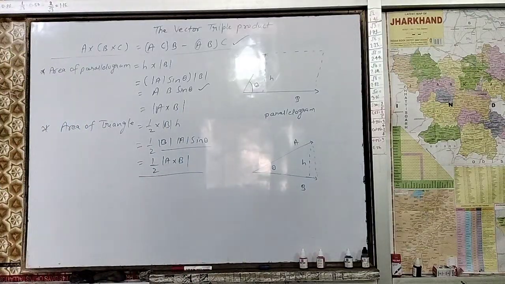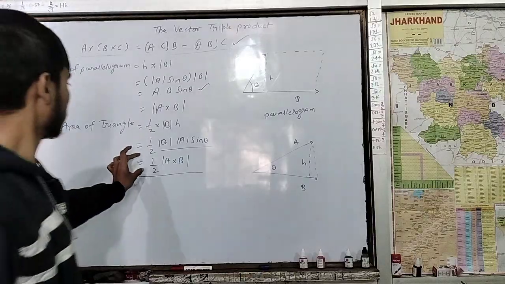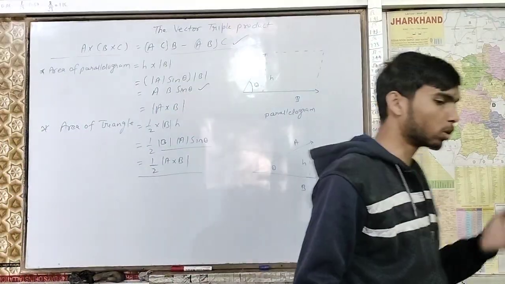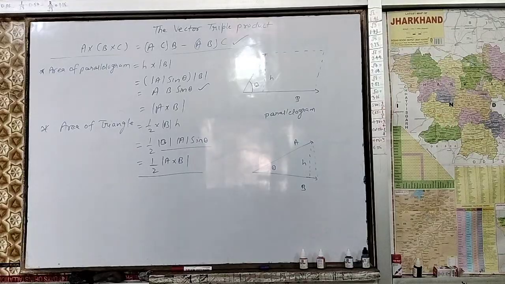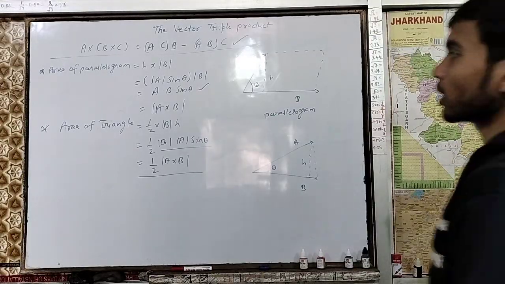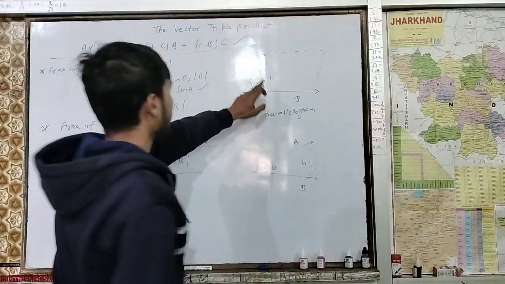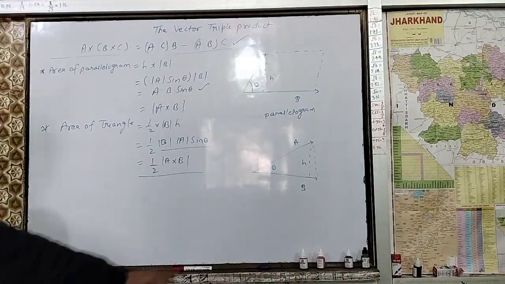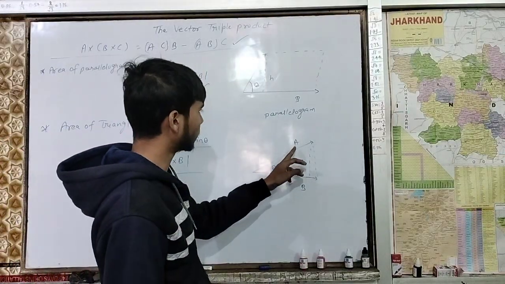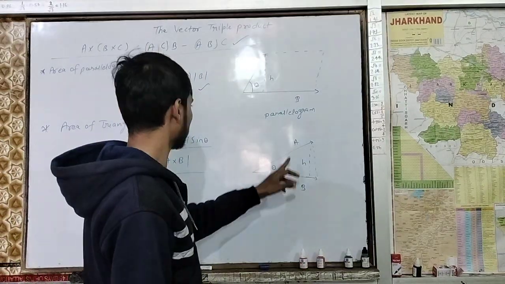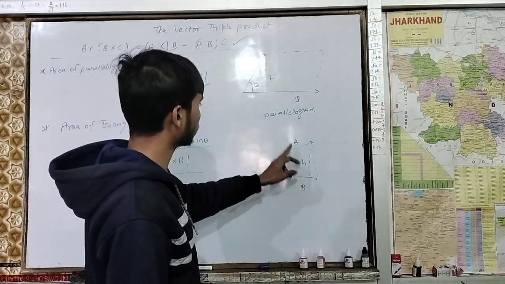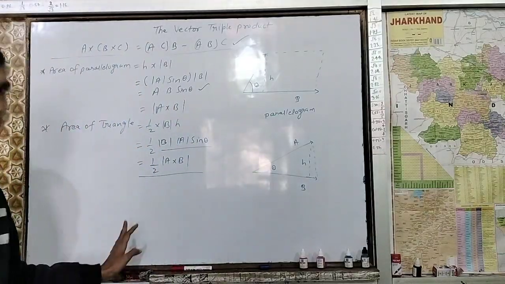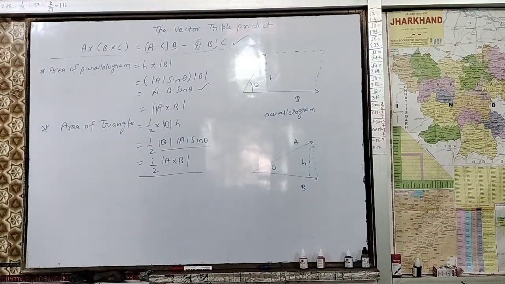So to calculate the area of a triangle, we have 1 by 2 mod of A cross B. And to find the area of a parallelogram, we have mod of A cross B. Clear? 1 by 2 A cross B. That's it. It's not too much confusion.